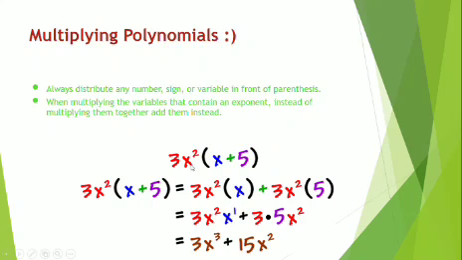So if we are multiplying same bases, we add the exponents, so 2 plus 1 is 3. Also, here we multiply 3 times 5, it will be 15, and x squared, since here we don't have a variable. Okay, so it will be 15x squared. At the end, as you can see, there are different terms, so you cannot reduce them anymore. So the answer will be 3x to the power 3 plus 15x squared.